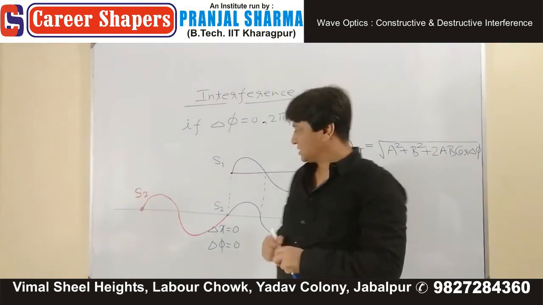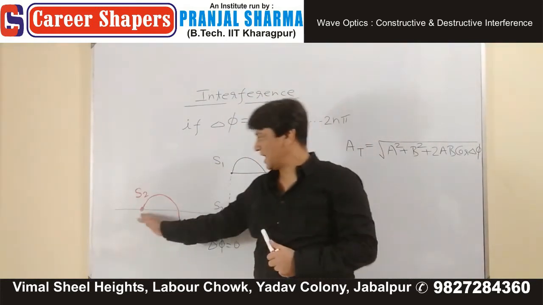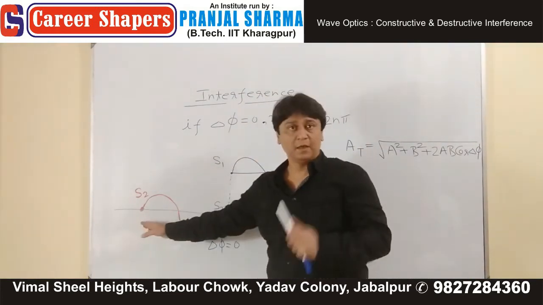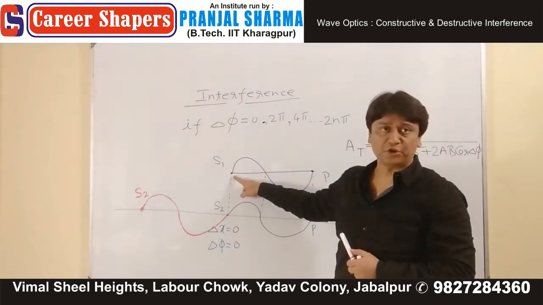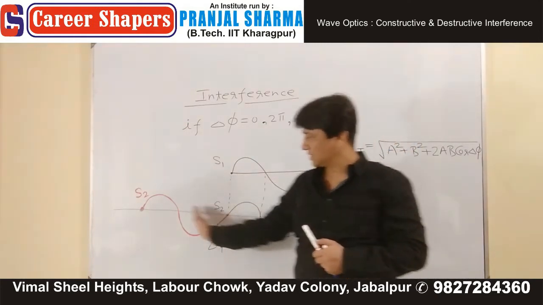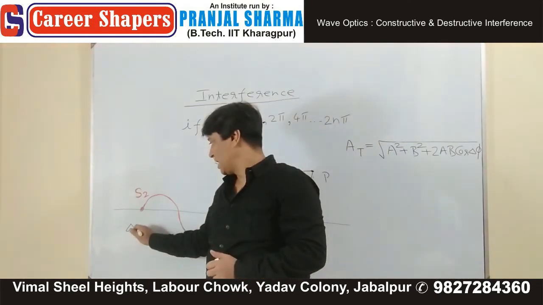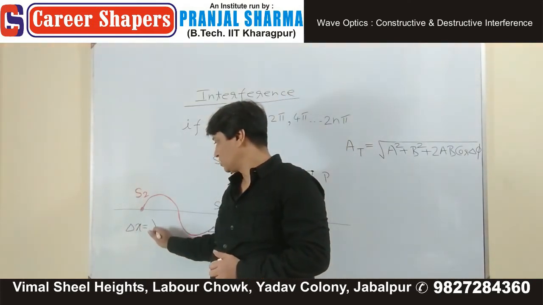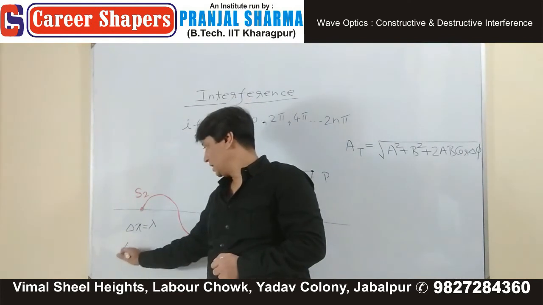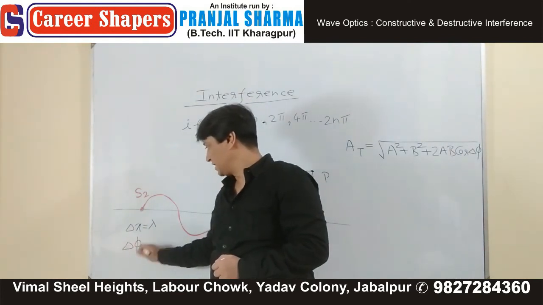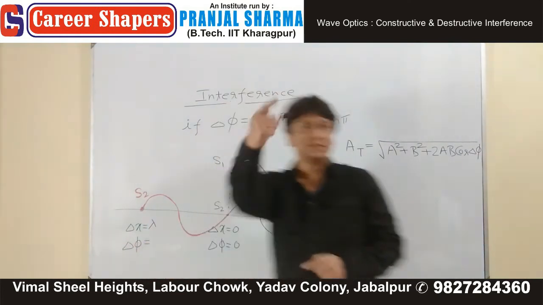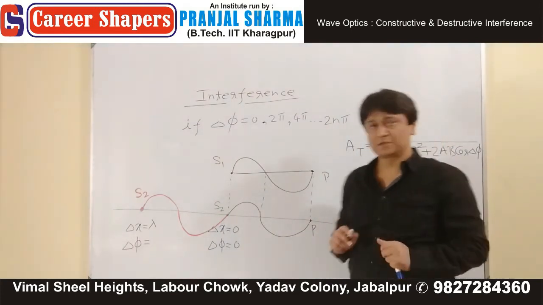But since we have placed S2 lambda behind as compared to this position of S1, we say that now we have a path difference of lambda and a corresponding phase difference. Phase difference means something like this.